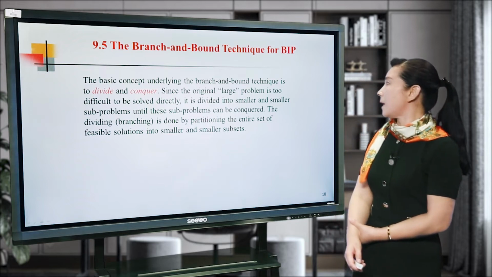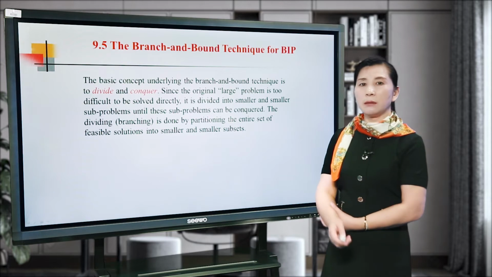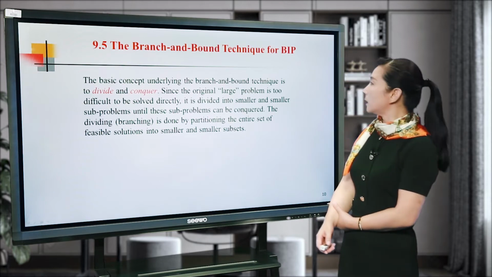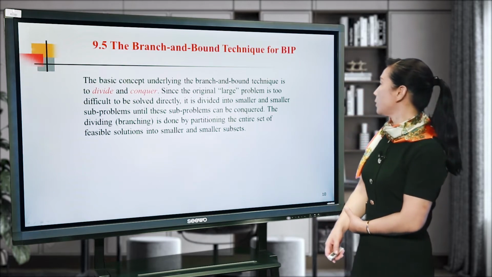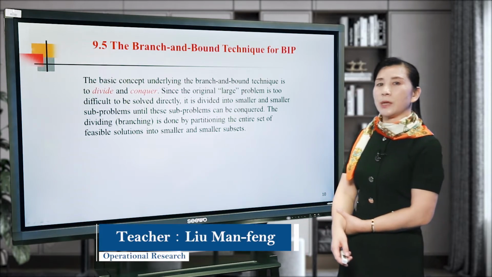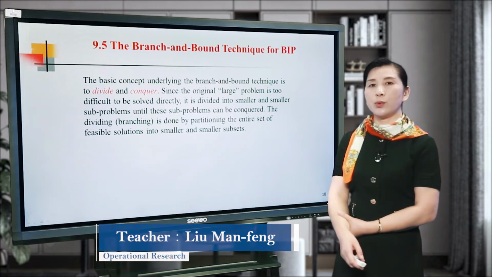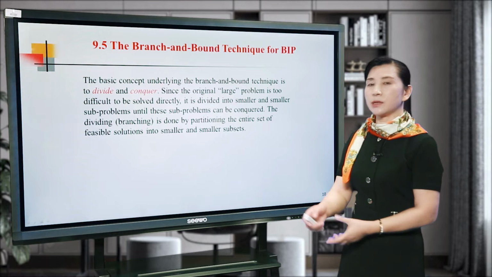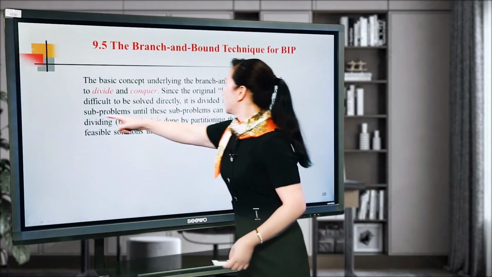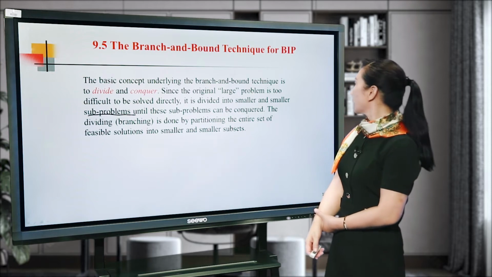The basic concept underlying the branch and bound technique is divide and conquer. Since the original large problem is too difficult to be solved directly, it is divided into smaller and smaller subproblems until these subproblems can be conquered.